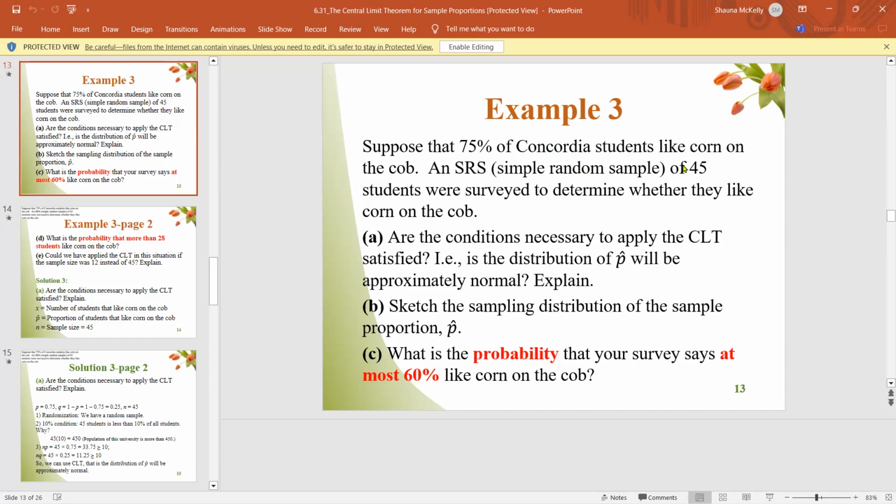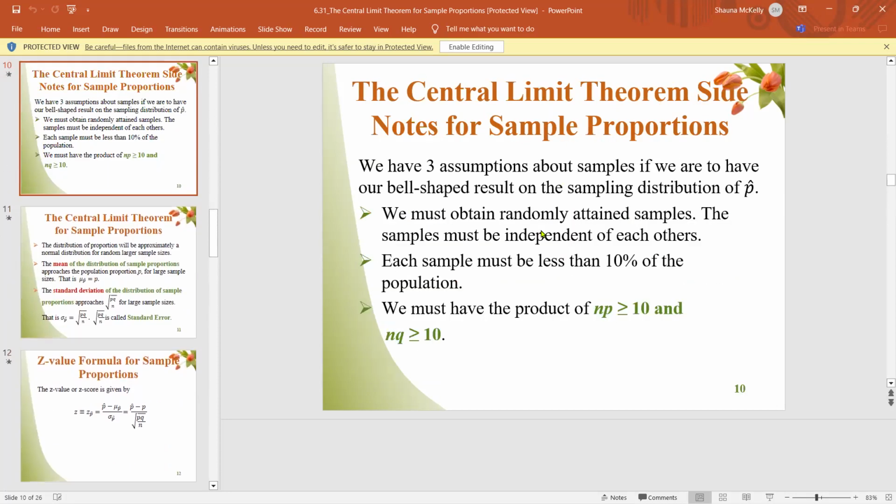There's a reason for the 10, because look at the assumption. The assumption says each sample must be less than 10% of the population. Think about this. This might be what tripped you up.